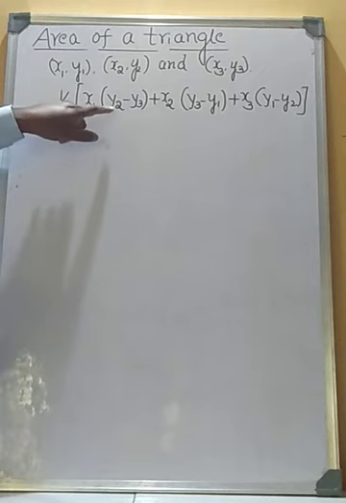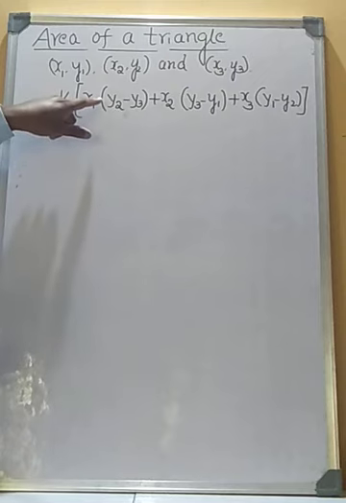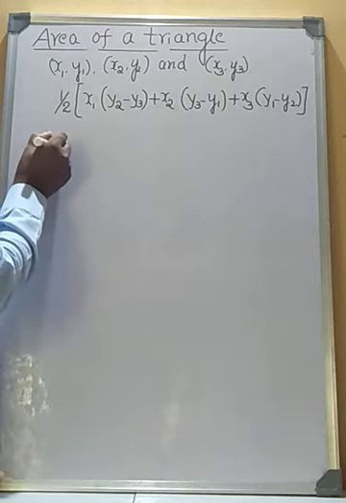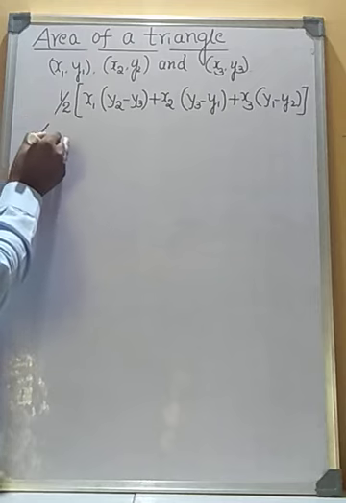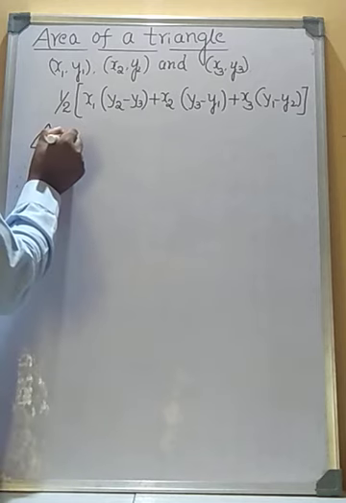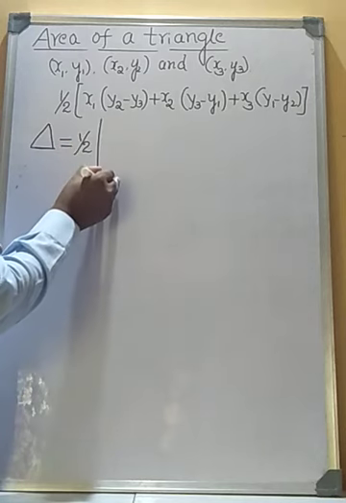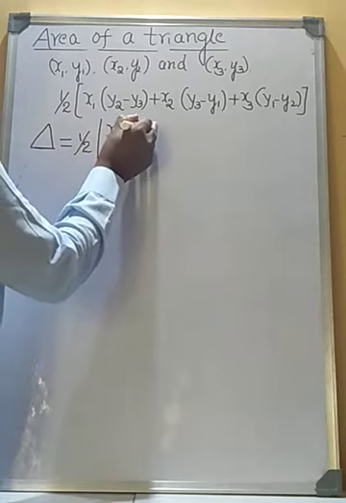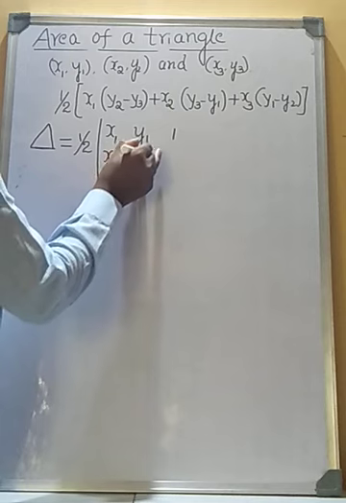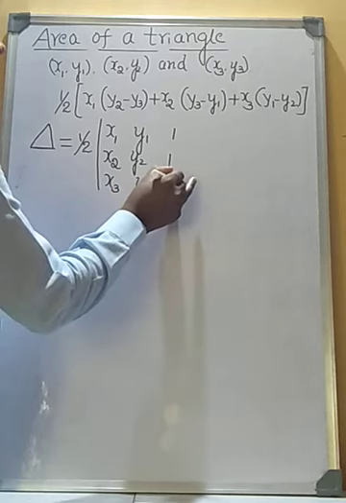Now this algebraic expression can be written in the form of a determinant, as delta is equal to half into determinant of x1, y1, 1, x2, y2, 1, x3, y3, 1.